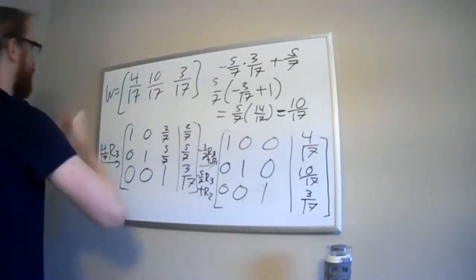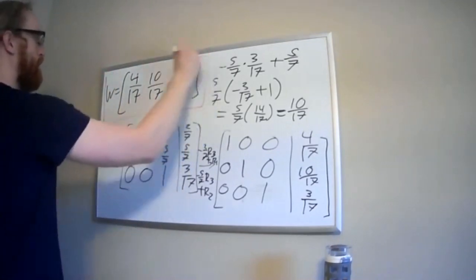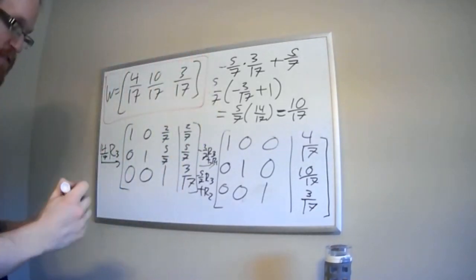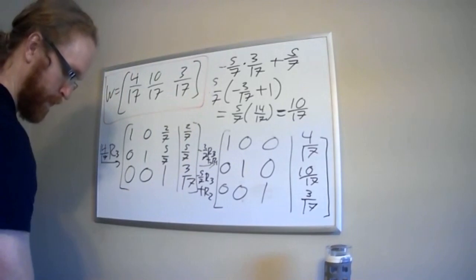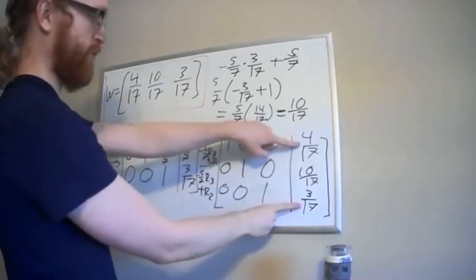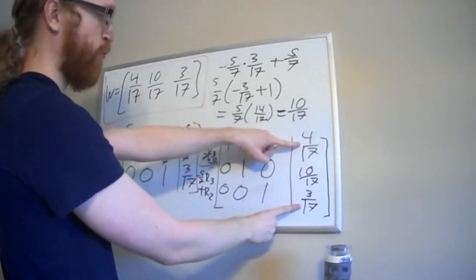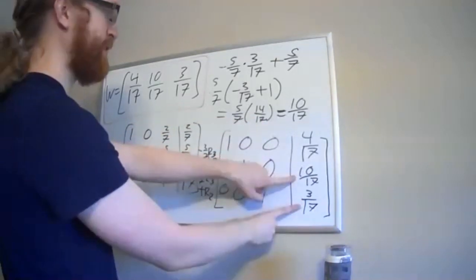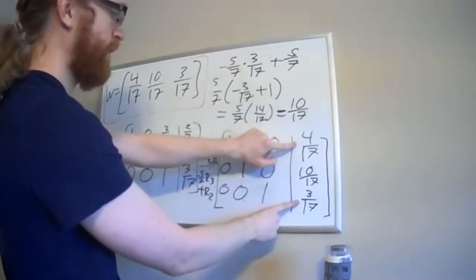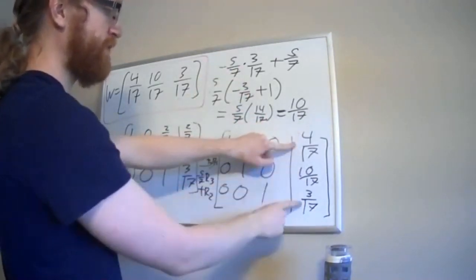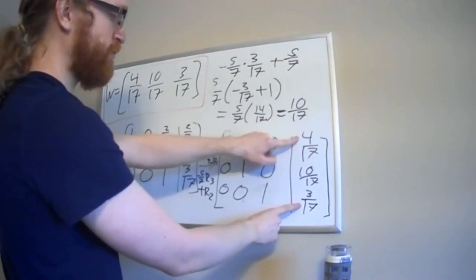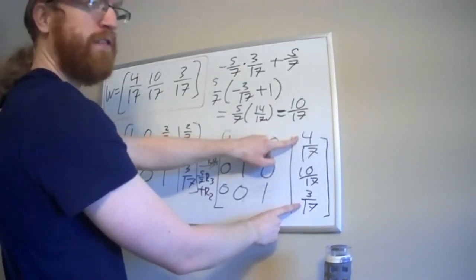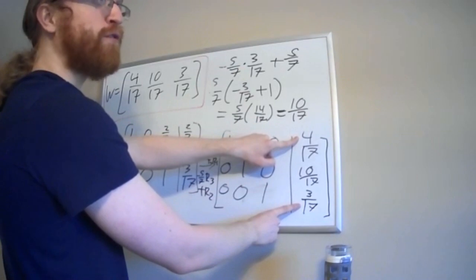So I might point out again that I could have sort of skipped our last step. Once I had these two, I was forced to have this be 10/17. I didn't really need to do this last computation because I know that all 3 of these have to add up to 1. So if I already know these two, those add up to 7/17. How do I get to 17/17 from that?